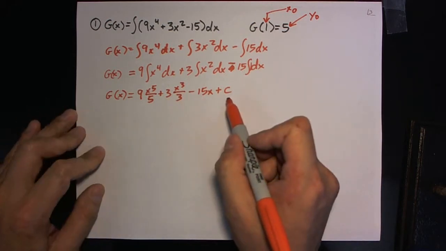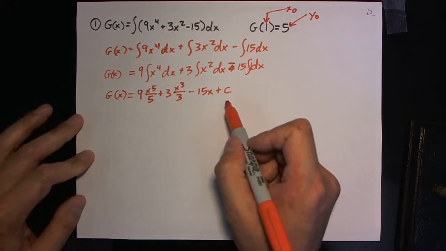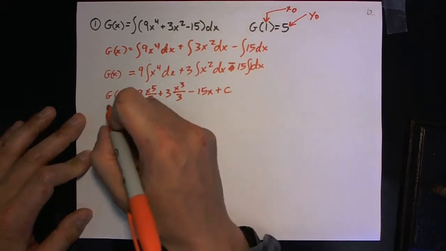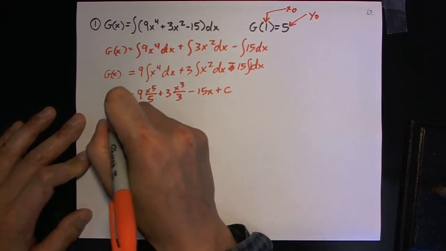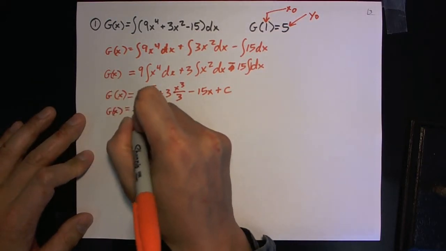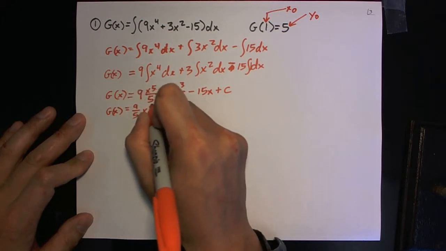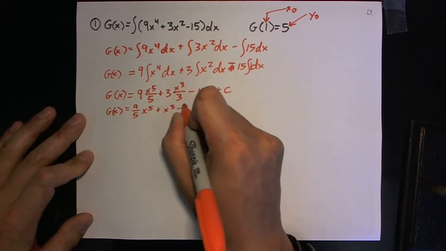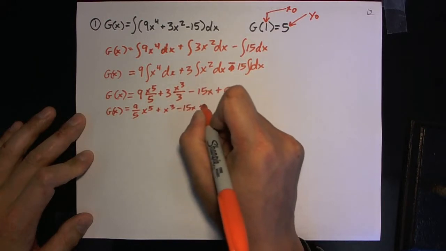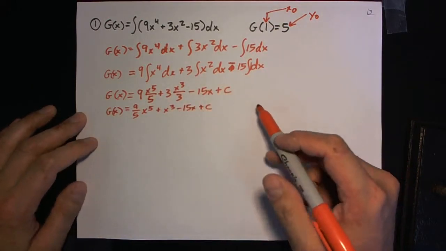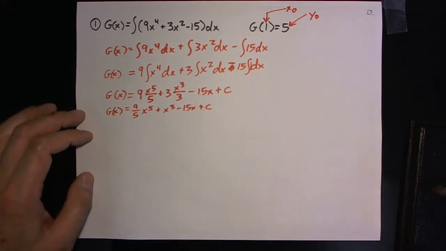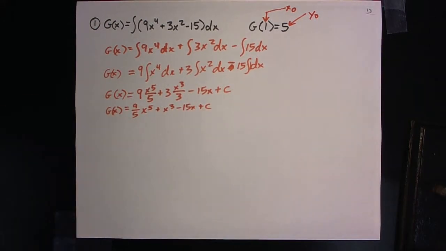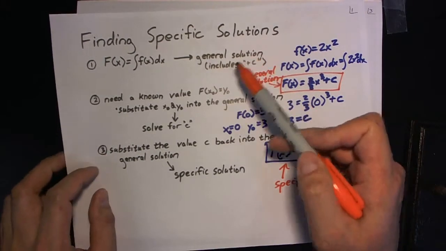Alright, do a little bit of simplification and then we're done with our general solution. Alright, so that's your general solution. Step 1, done.